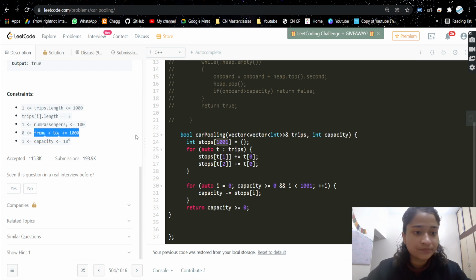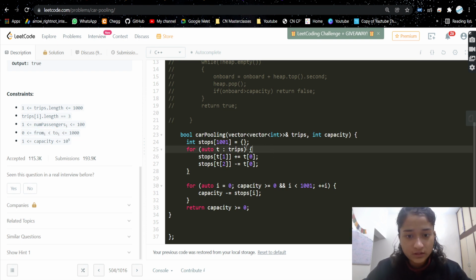So then what we are doing, this is trips. We are going to each trip, and we are adding the passenger value at that pickup location, and at drop location we are subtracting those passenger values, and then we are traversing that trip stops array.